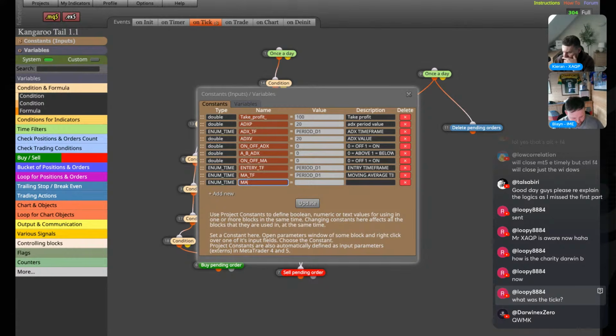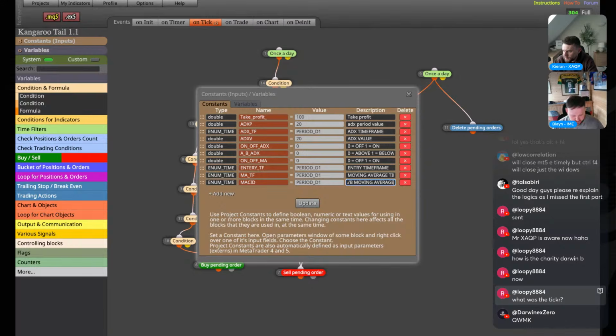What we want is MA CID for candle ID, period, D1 again. We'll just stick with the daily for now. And then this is going to be candle A/B, above or below moving average.